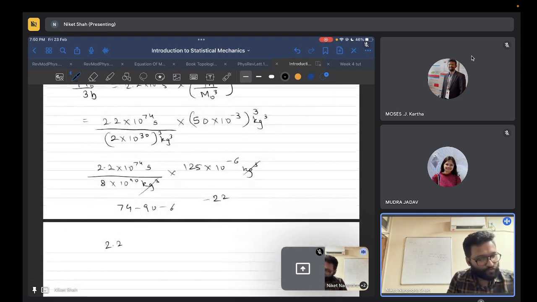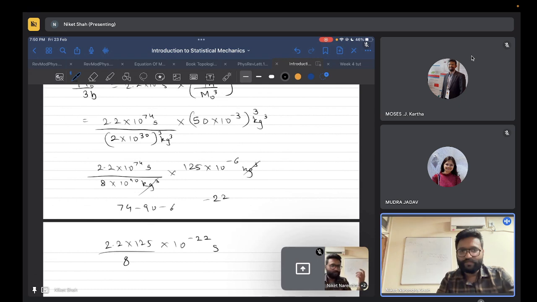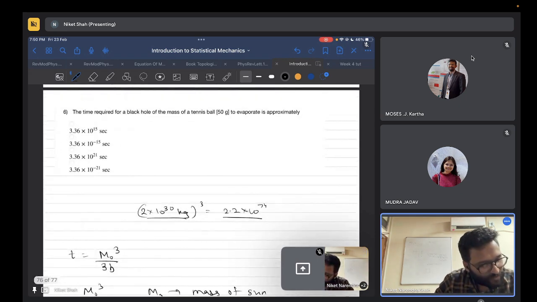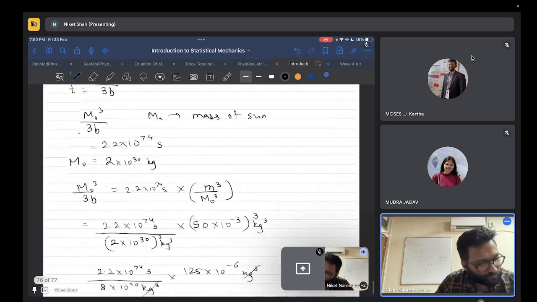So 2.2 into 125 divided by 8 into 10 raised to the power of minus 22 seconds. So you have to just calculate this number. And we have just this one answer, it's minus 21, close to it. So this would be the answer.